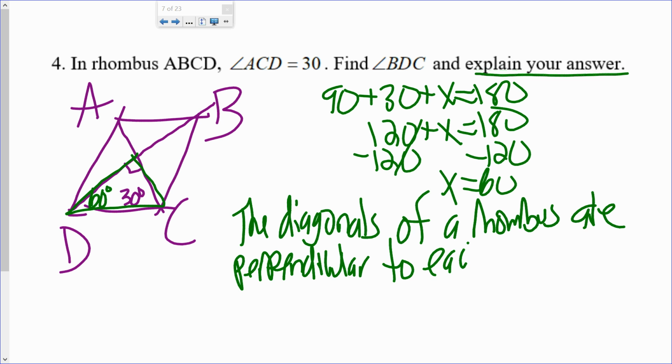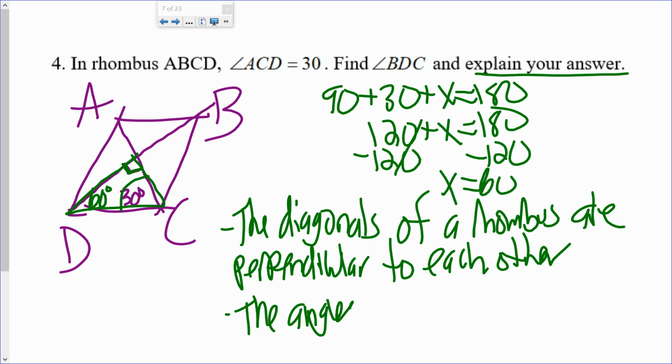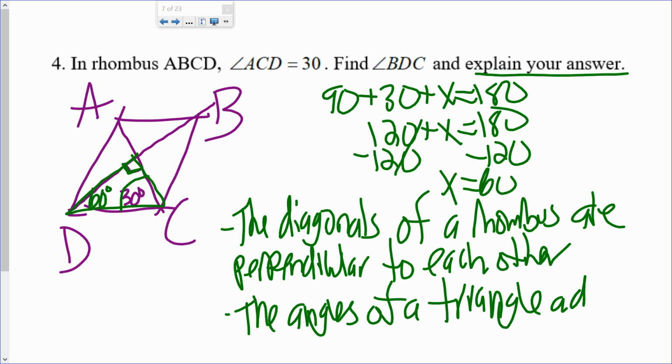So that created the right angle. And then once you had the right angle, and we had one angle already, I used the angles of a triangle add to equal 180.